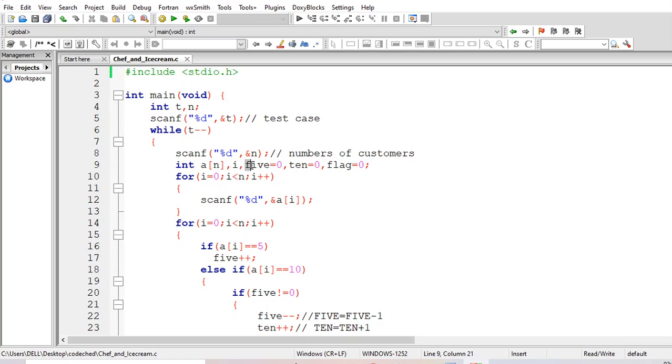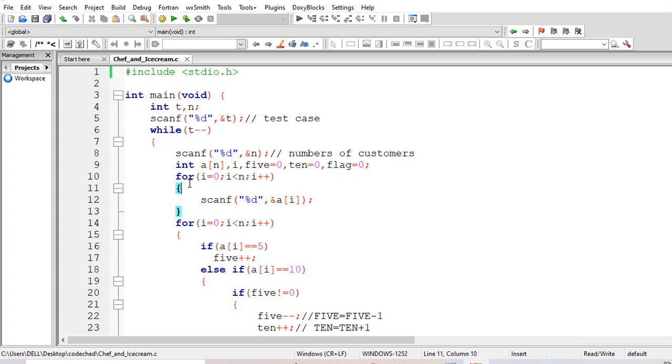I take the count of 5 rupees coins as five and the count of 10 rupees coins as ten, and I initially make them 0, and I take another variable flag and make its initial value 0.